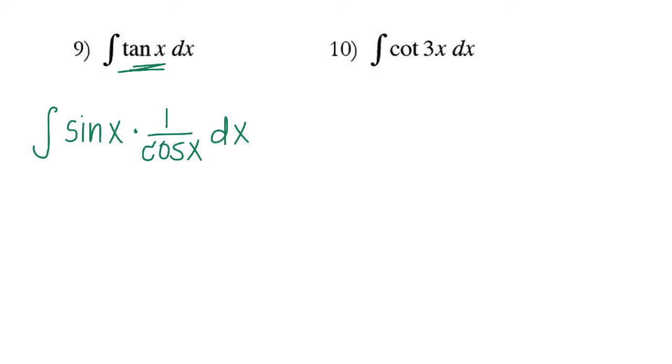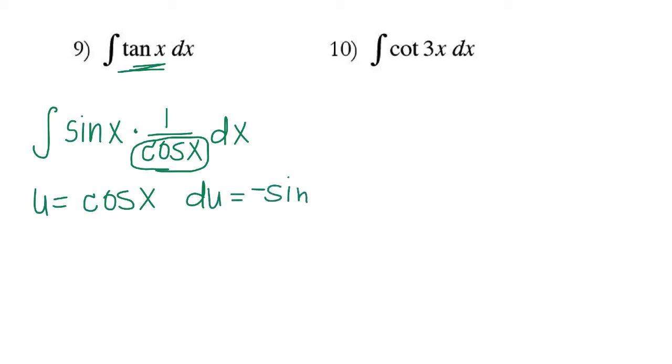And so when we do a u substitution, let's see what we get if we let u be cosine x. Then du is going to be negative sine x dx, which is good because sine x dx is what I have up here.